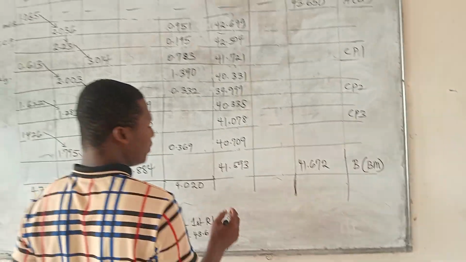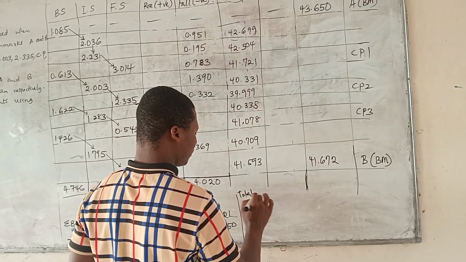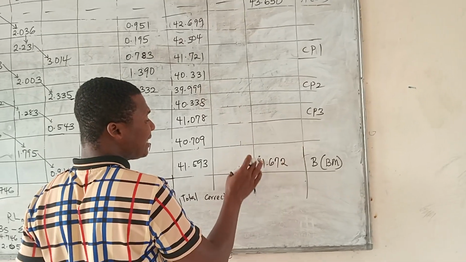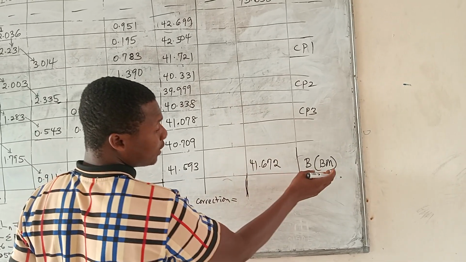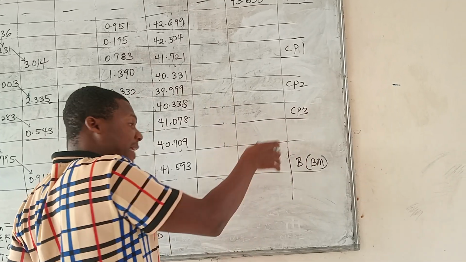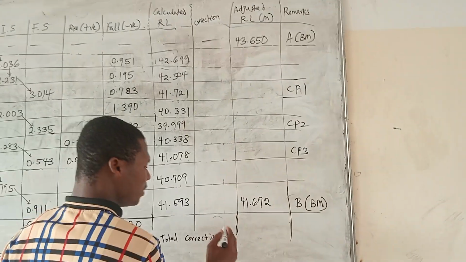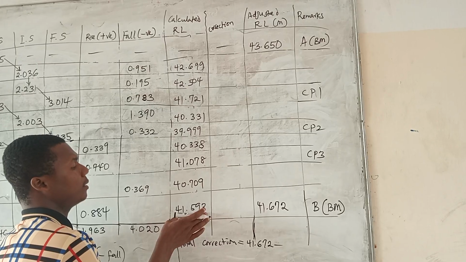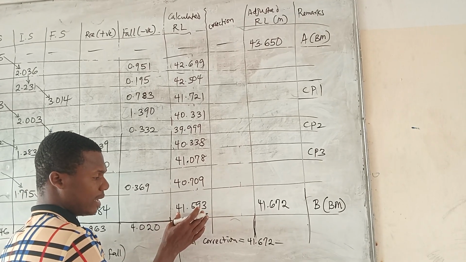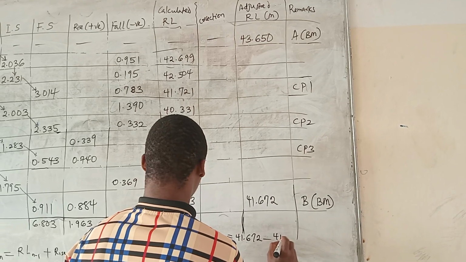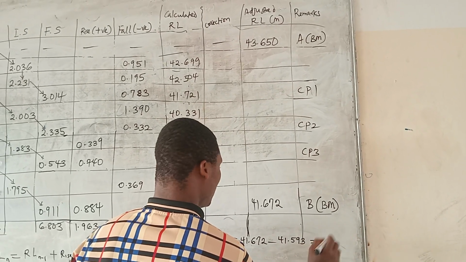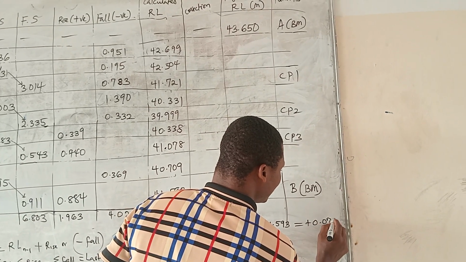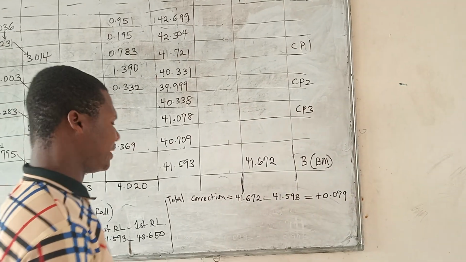Alright. So the total correction is equal to the adjusted reduced level of the closing point, which is this last benchmark here, that is 41.672, minus the last reduced level under calculated, which is 41.593. If you find the difference between those, the answer is plus 0.079. Alright, so we have this as the total correction.